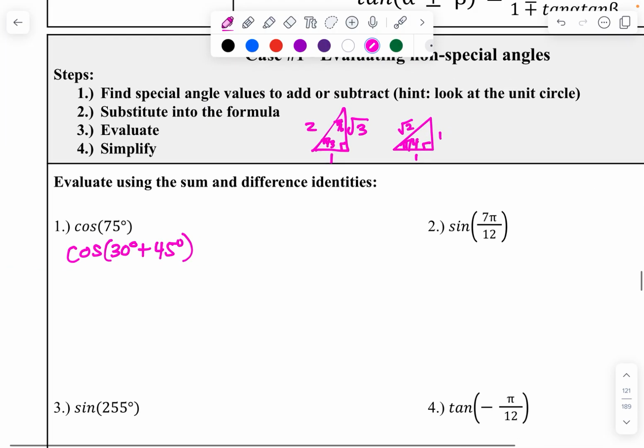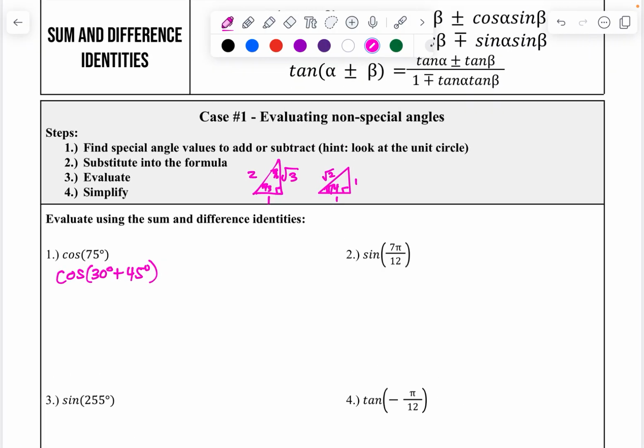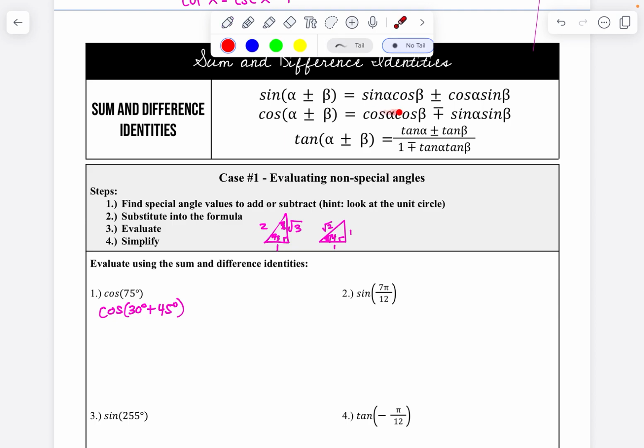Okay, so if we want to do this, we use our cosine formula here, which says we're going to do the cosine of 30 degrees times the cosine of 45 degrees. Then we do the opposite sign of what we had. So because it was a plus sign, now I do a minus sign. Sine of 30 degrees times the sine of 45 degrees.